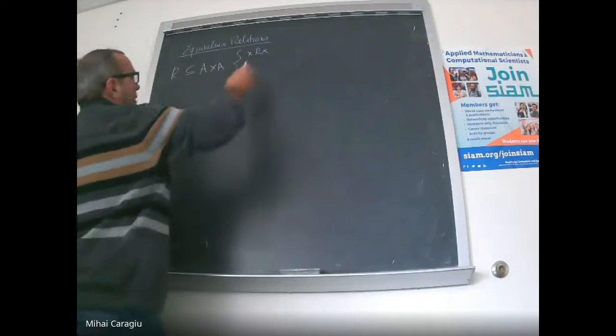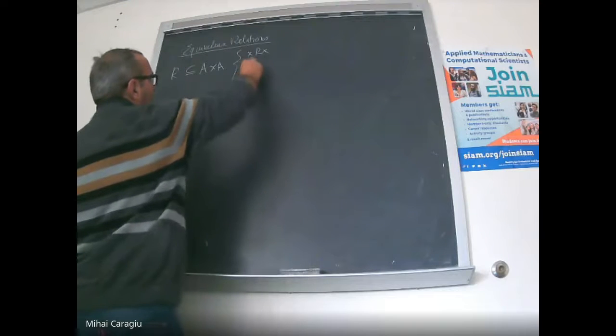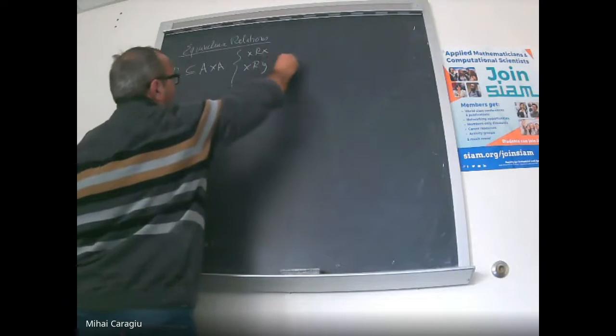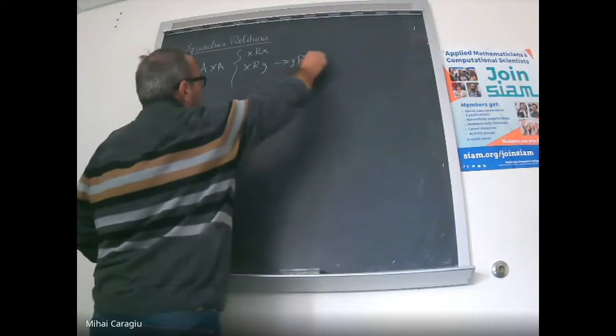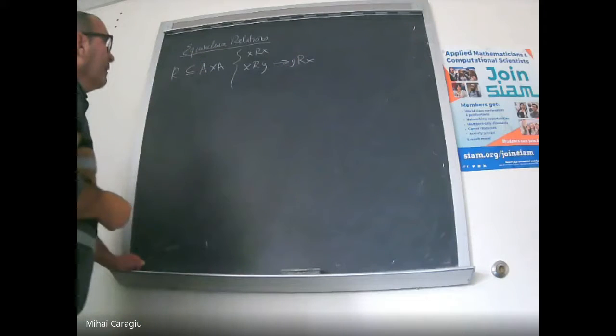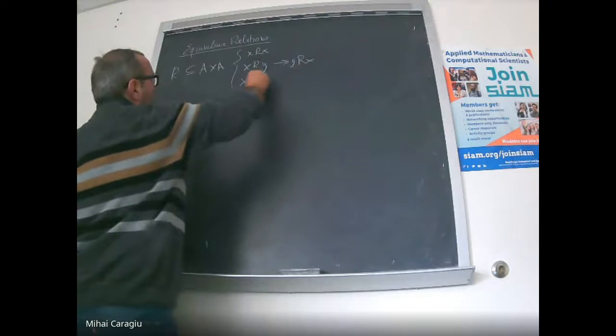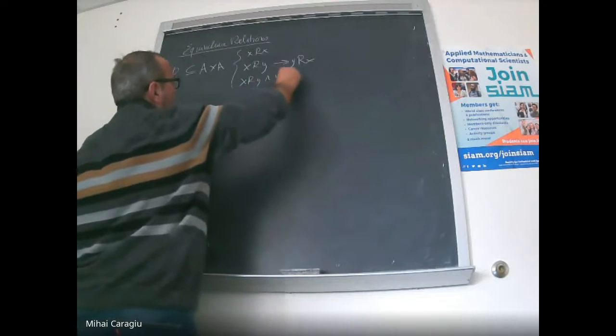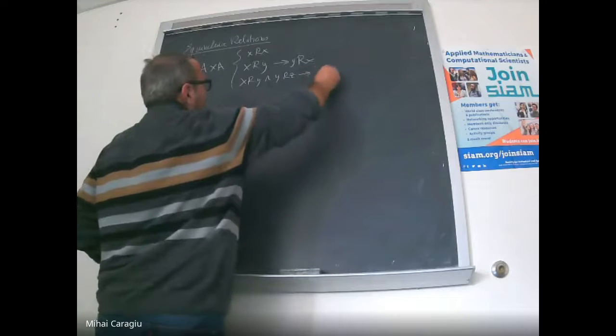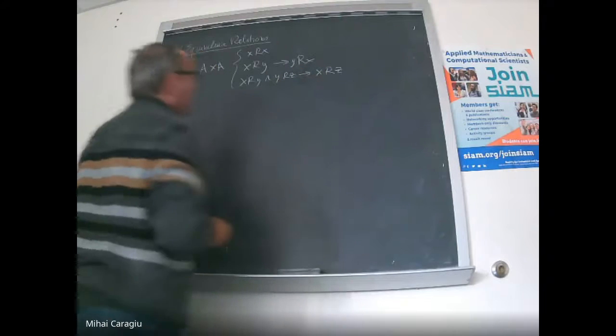Second is symmetric: for every x and every y, if x R y, then y R x. And thirdly, transitive: for every x, every y, every z, if x R y and y R z, then x R z.